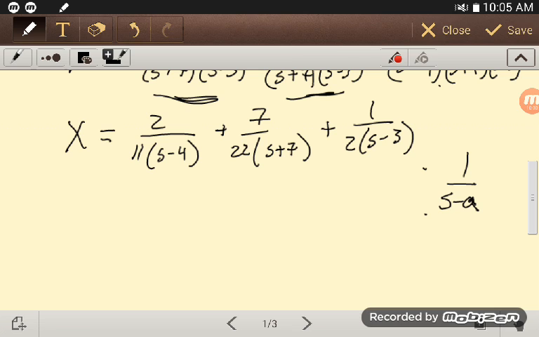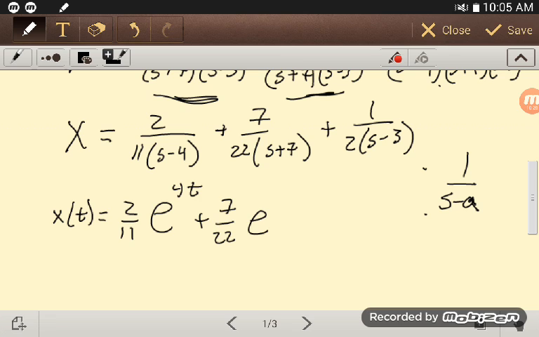And so what I get when I do that inverse Laplace transform is x of t is equal to 2 over 11, and I get e to the 4t from that term, plus 7 over 22 e to the minus 7t, and then plus 1/2 e to the 3t.